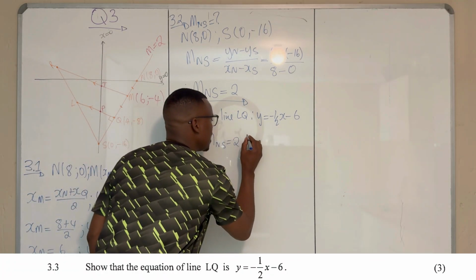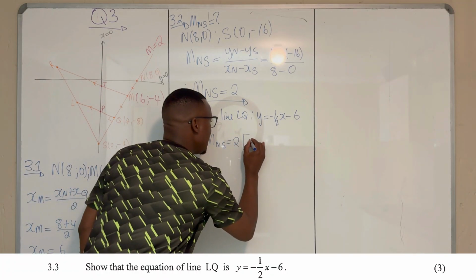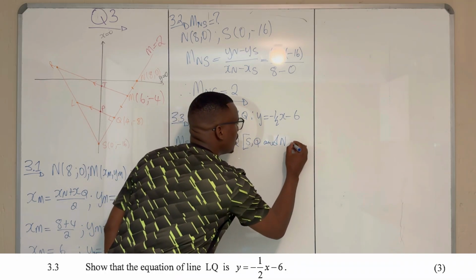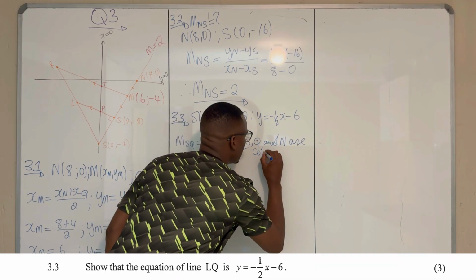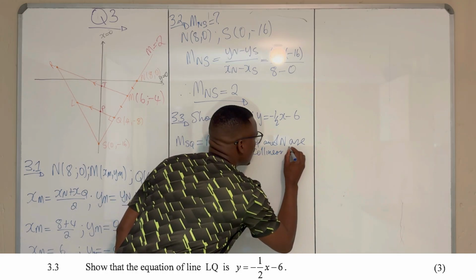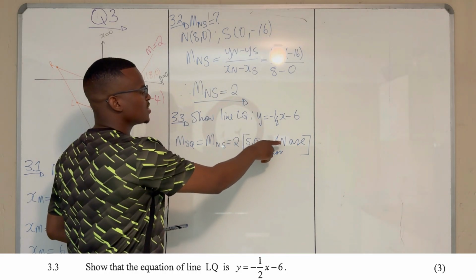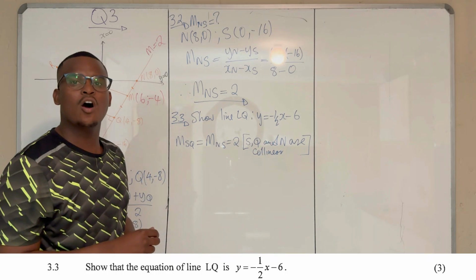Why are we saying they are equal? Because S, Q and N are collinear. What does it mean to be collinear? It means all these 3 points are on the same line.